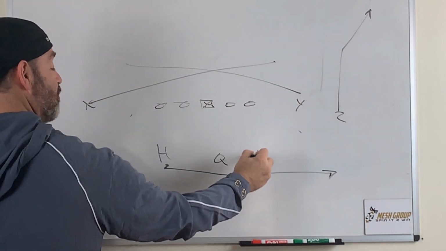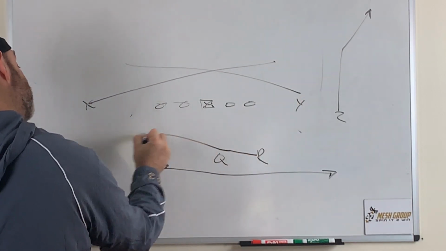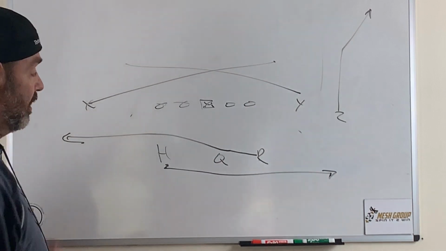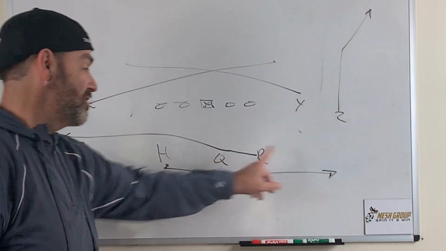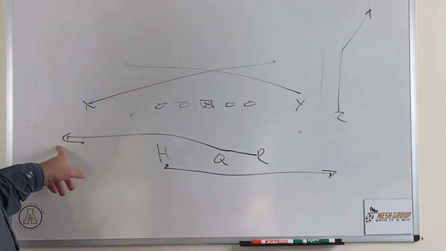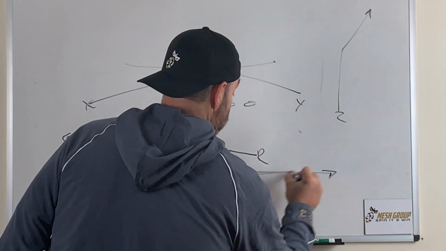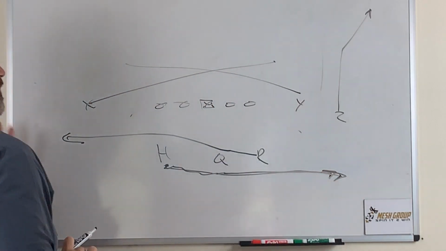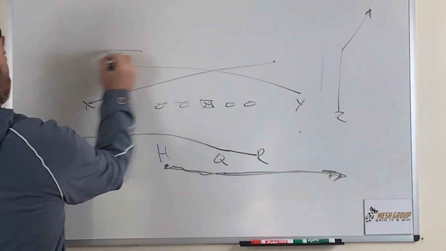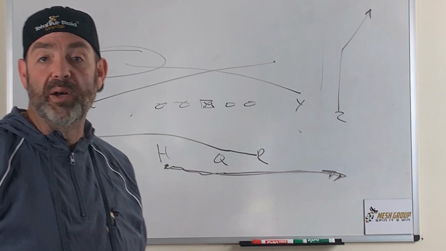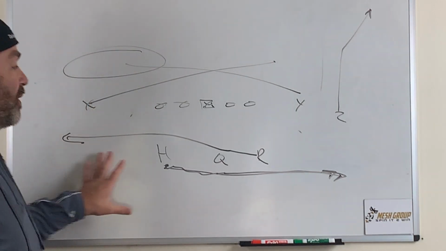Then what you do is you run fake here, outside zone, and then he just slips over here to the right. It's mesh. R knows if H is doing my job, I do his job. And so you have the same play, but it looks crazy because you got fast motion here. It's drawing everybody's eyes over there, and now your backside mesh is probably going to be wide open. So that's just another way that happens.